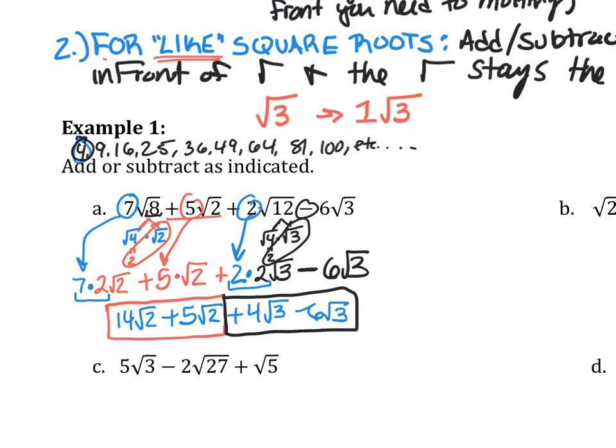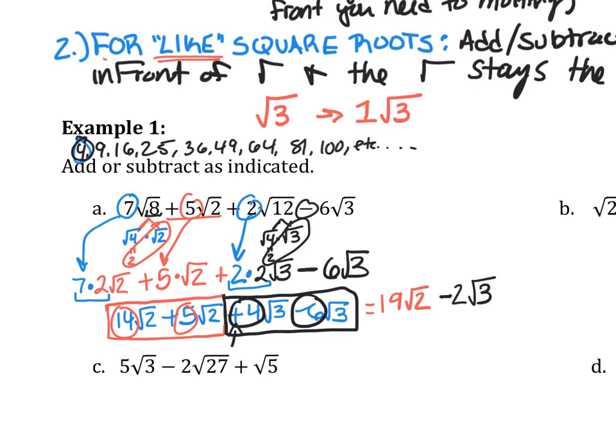So we'll add the numbers out in front. 14 plus 5 gives us 19. The square root comes along, so 19 square root 2. And then we have our square root 3's. We have a positive 4 minus 6, which gives us minus 2 square root 3. Remember, whatever sign is in front always goes with whatever comes after it. So it's a positive 4.